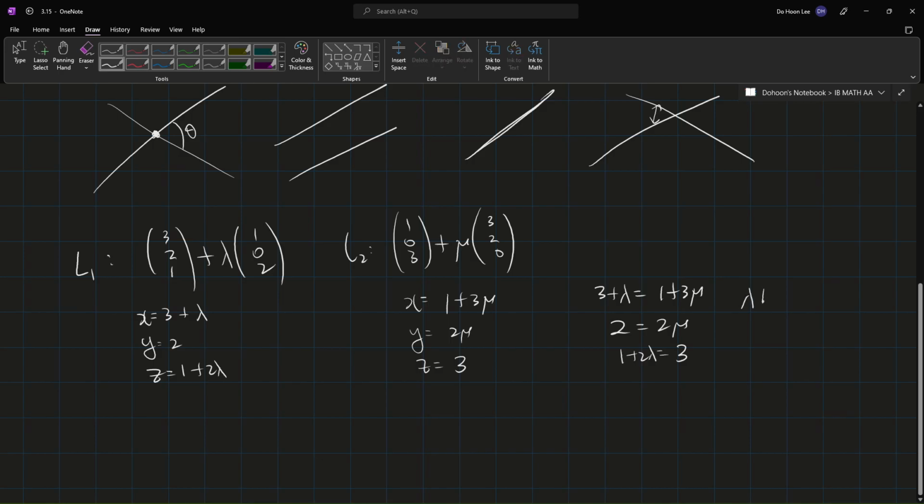So it'll be lambda minus 3 mu equals negative 2, and negative 2 mu equals 2, and 2 lambda is equal to 2. From this, we can see that lambda equals 1 and mu equals 1 as well.